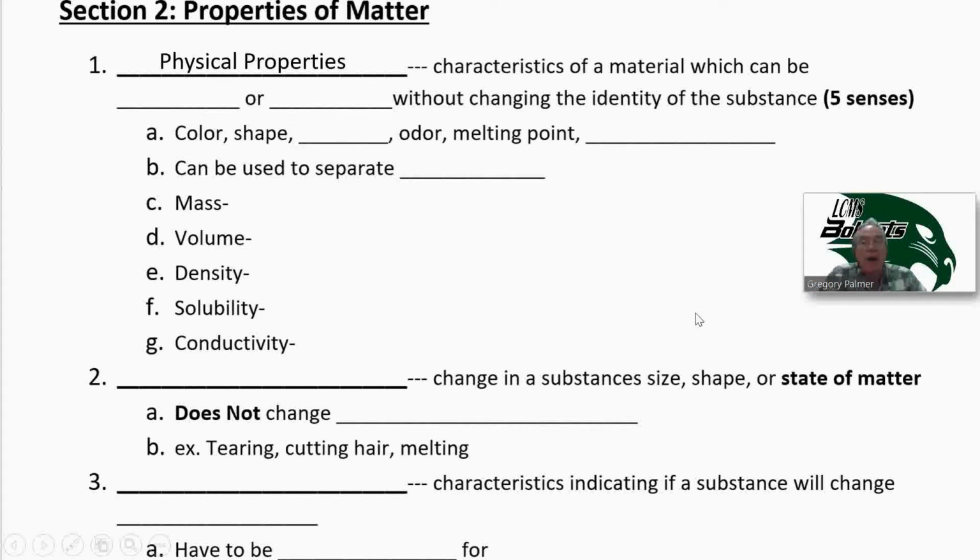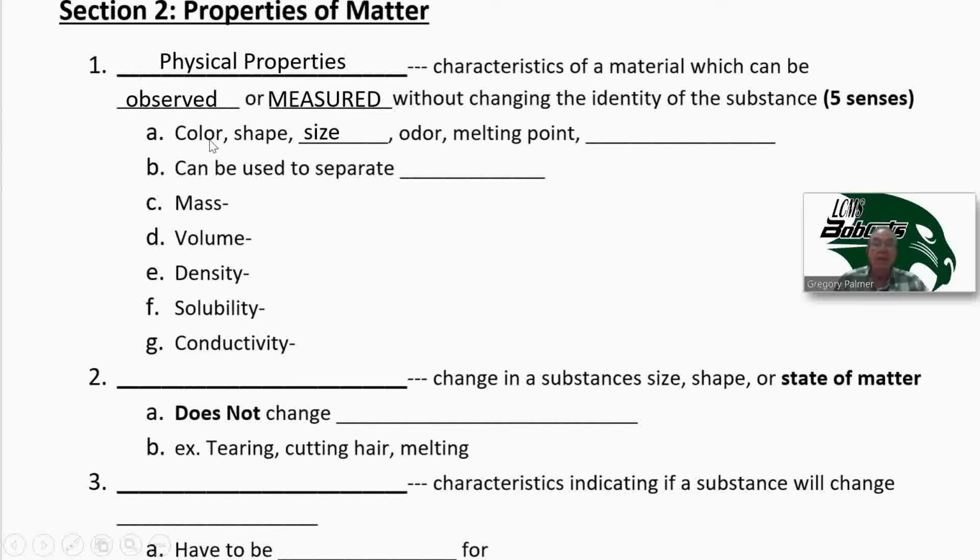A physical property is a characteristic that we can observe or measure without changing the identity of the substance. When we say we can observe it, that means we can detect it with our 5 senses. So it's something we might smell, see, hear, taste, or feel, if it's hot or cold, rough or smooth.